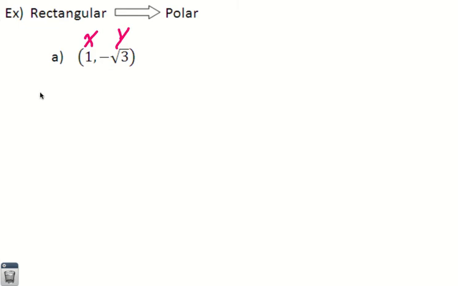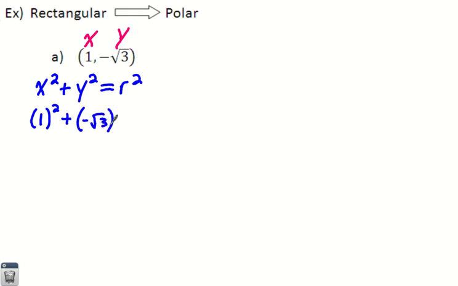Now, the first one is just merely the Pythagorean theorem. So x squared plus y squared equals r squared. And so we have 1 being plugged in for x, and we have -√3 being plugged in for y. And so 1 squared is easy, that's 1.